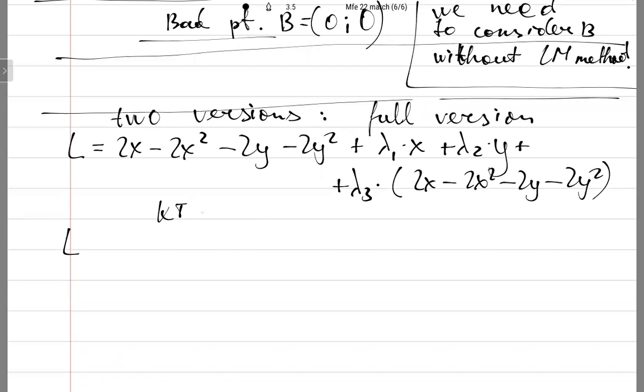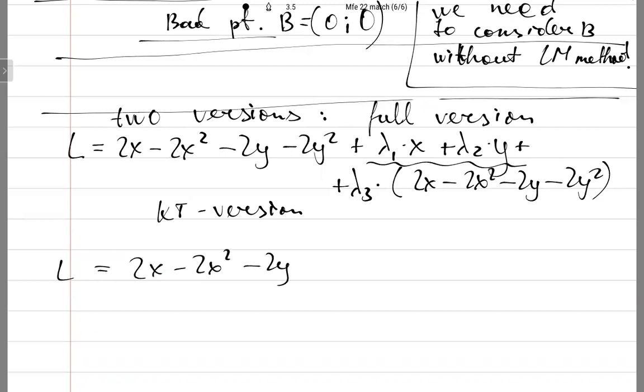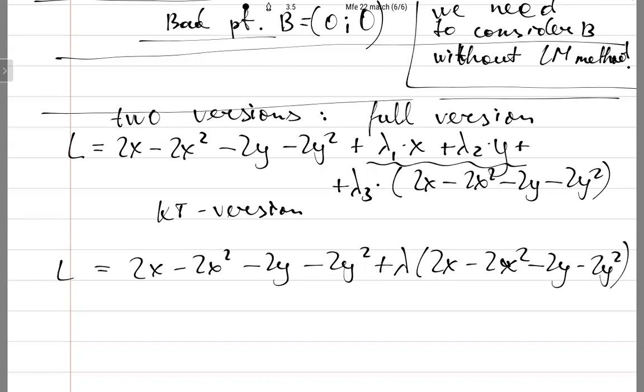And the Kuhn-Tucker version: I just ignore these non-negativity constraints. 2x minus 2x squared minus 2y minus 2y squared plus one unique lambda times (2x minus 2x squared minus 2y minus 2y squared). And then I write the first order conditions.